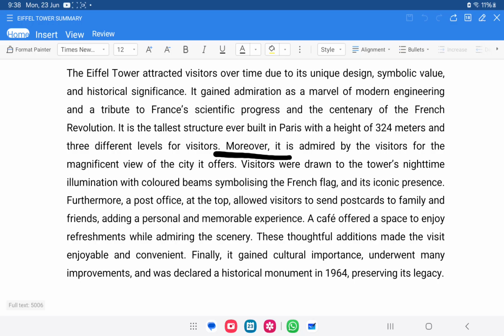You have to understand this, you have to read this for ideas. Furthermore, this will explain that. And finally, these are relevant ideas, these are transition words, and they tell us that this is a continuous form of writing. Now you can take a screenshot of this and read it, or you can print it, write your summary, and then compare it with this.